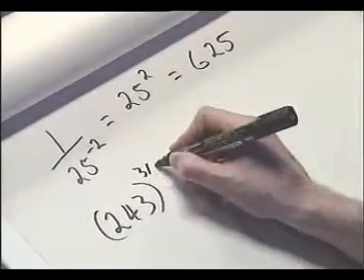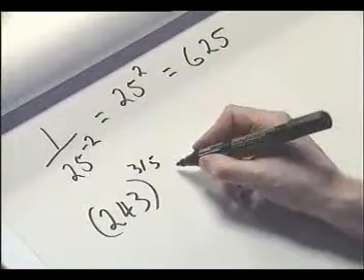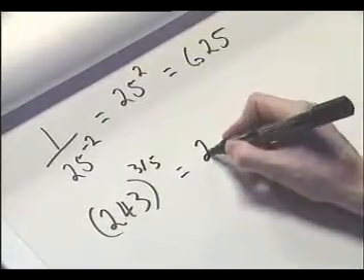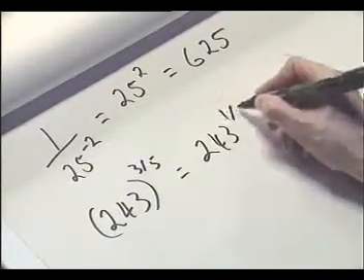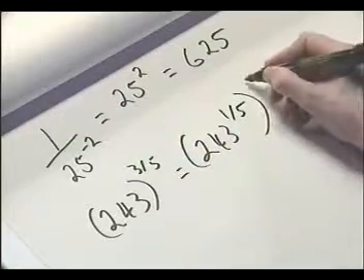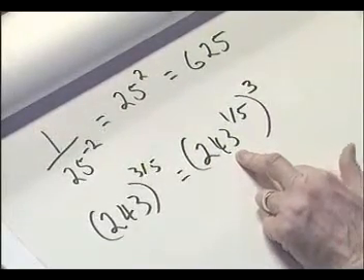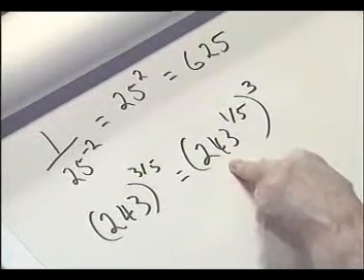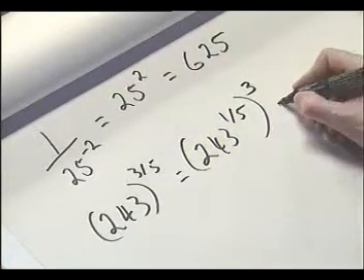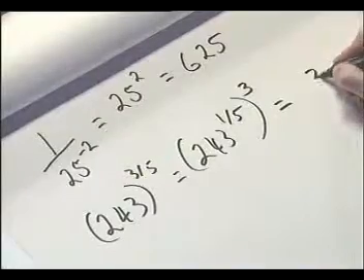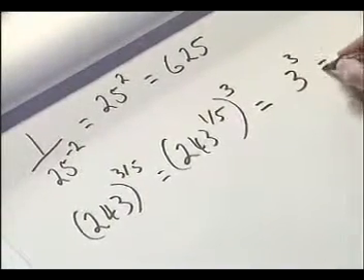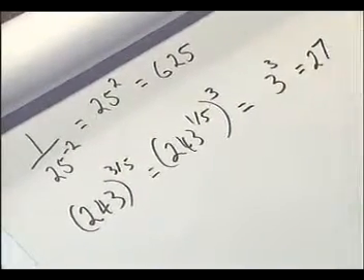Now 243 to the 3/5. Let's do the 5th root first, and then the cubing. Well, 243, that's 3 multiplied by itself 5 times. So that is 3 raised to the power 3, and that's 27.